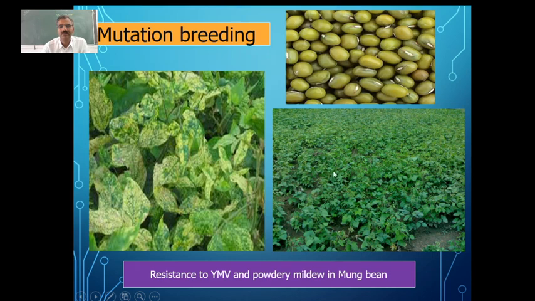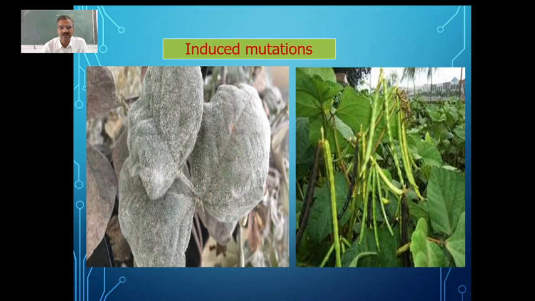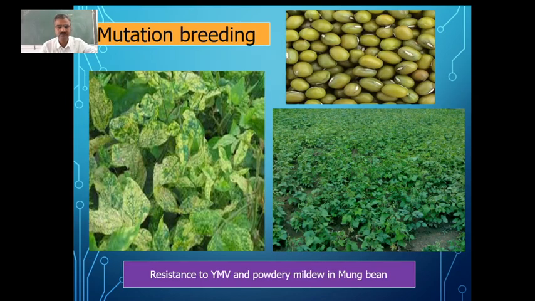So the first one is powdery mildew, which we have seen, and this one is the one affected by yellow mosaic virus.